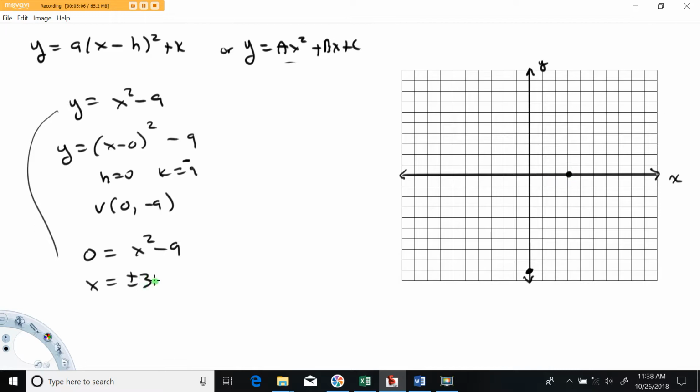Another one is (negative 3, 0). 1, 2, 3. And now I've got quite a bit of information here. I'll just sketch the rest of this by hand. Probably looks something like this.